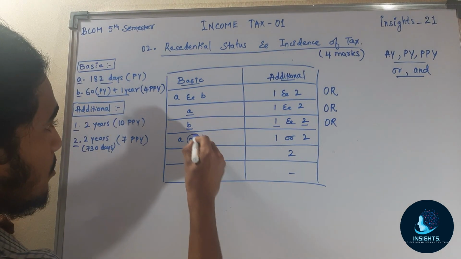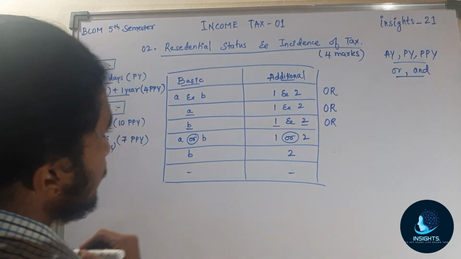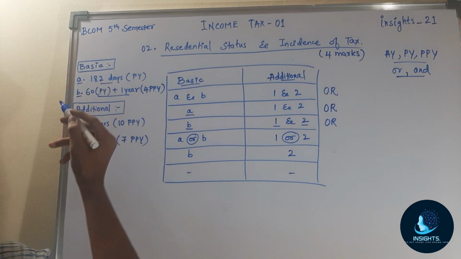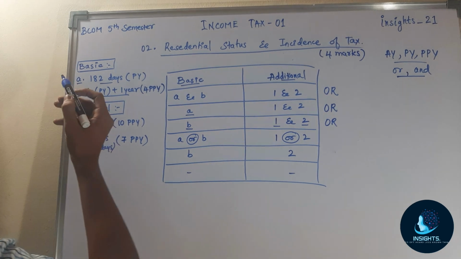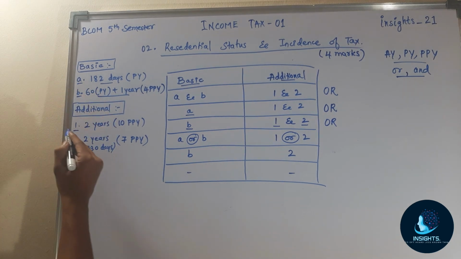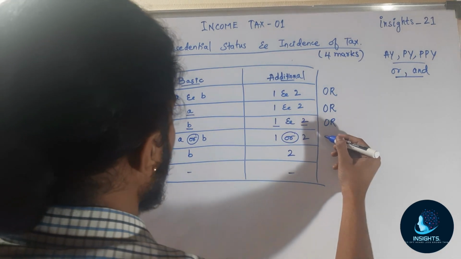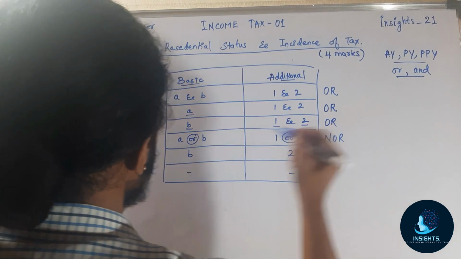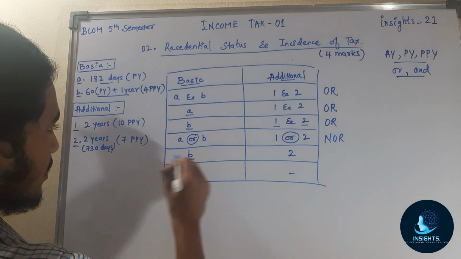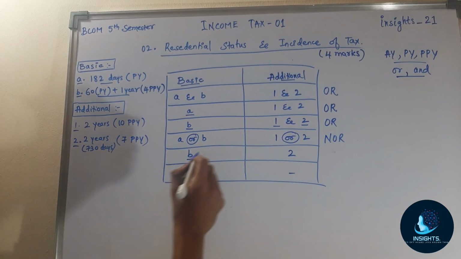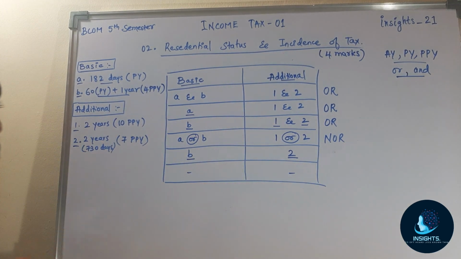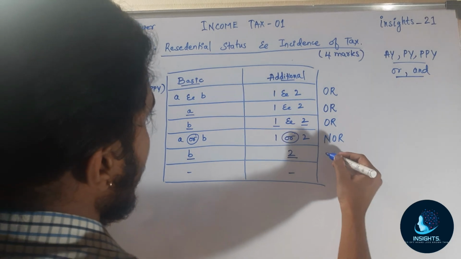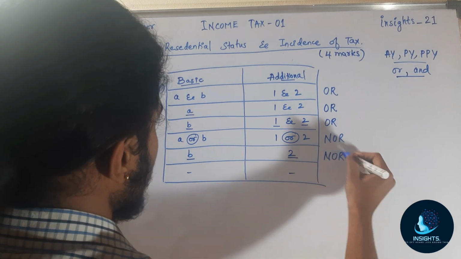If A or B, 1 or 2, either A or B or 1 or 2, not both, it will be A or B, 1 or 2, then he is called not ordinary resident. If only condition B is satisfied in basic condition, and if only the additional condition 2 is satisfied, then he is called not ordinary resident.